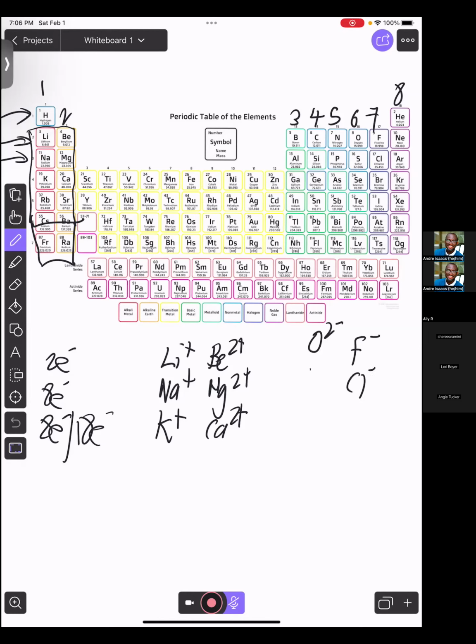Oxygen is going to be 2 minus. Sulfur is going to be 2 minus. So the typical ionic bonds we will see will be between atoms on the left and atoms on the right. Whenever I see those atoms in a formula, I'm pretty much convinced that they are going to make ionic bonds.